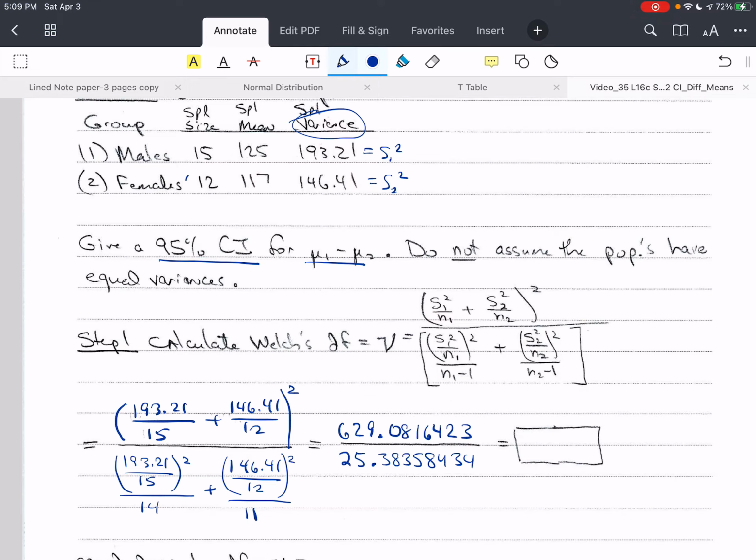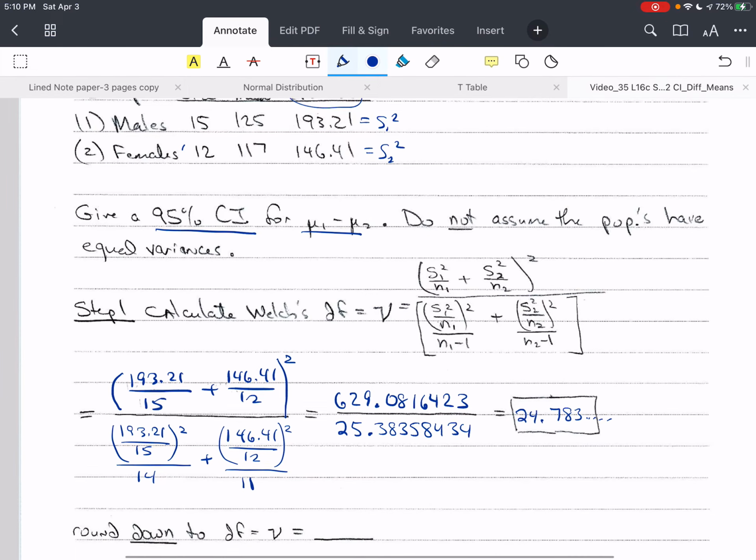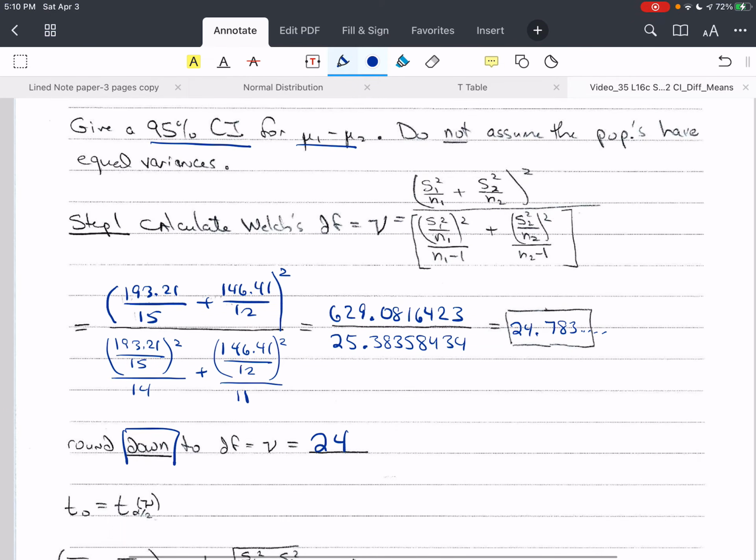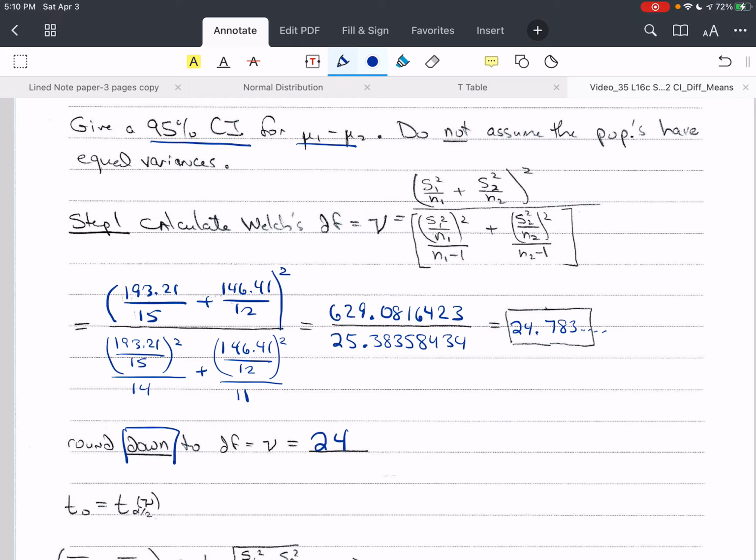When I divide this, I get 24.783. What we do here is round down to the previous whole number, so that's 24. That's the safest way to do this.